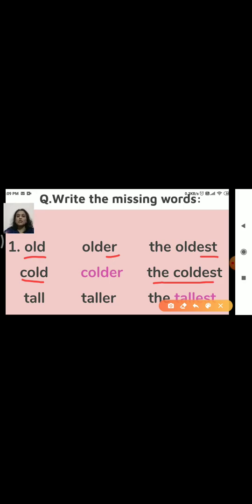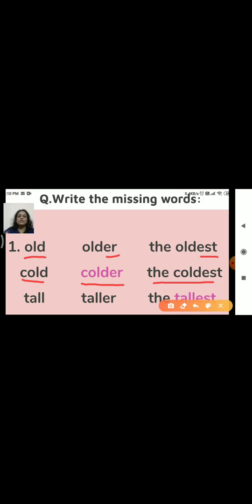So which degree is missing now? Comparative degree, isn't it? Okay, so which letters do we have to add? ER. So here we got colder, right? Cold, and we got colder. We have added ER here.